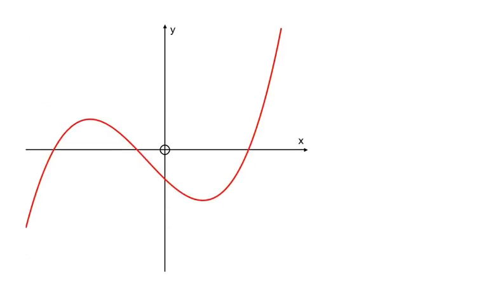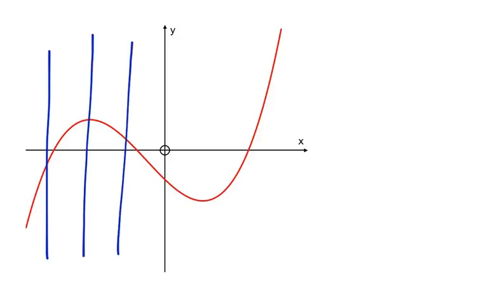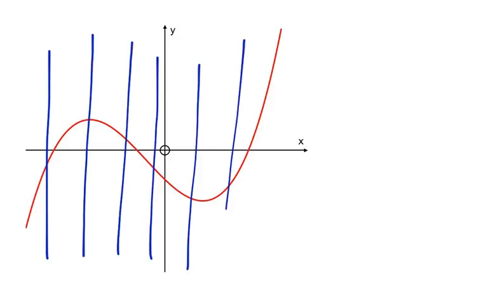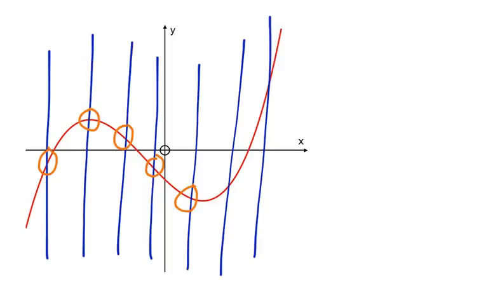Here's a second example. So we draw our vertical lines, but once again, no matter where we draw our vertical line, it only crosses our graph once. So this is also a function.